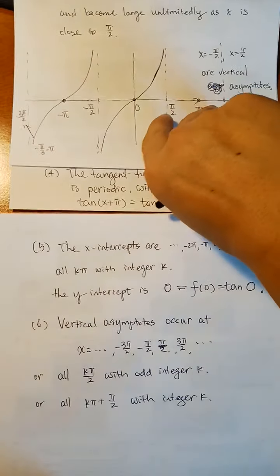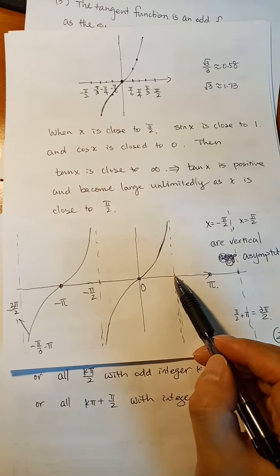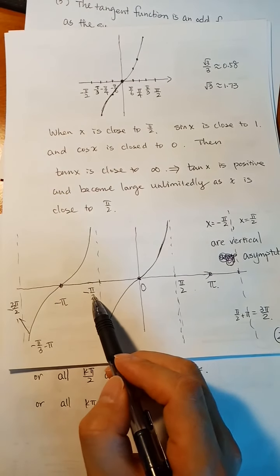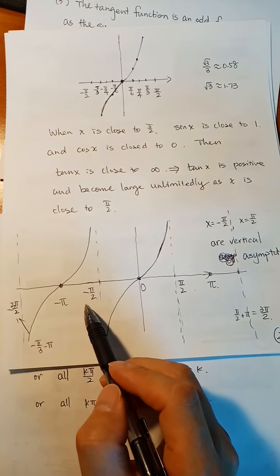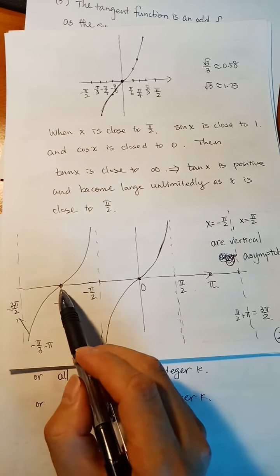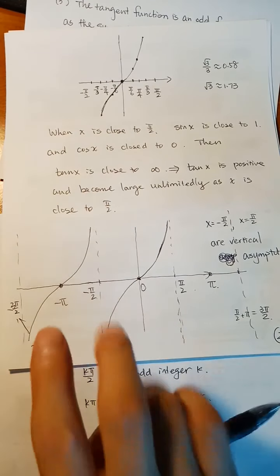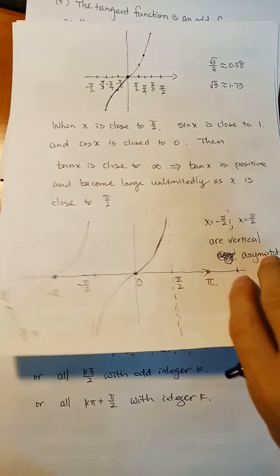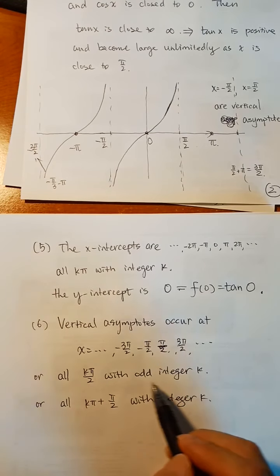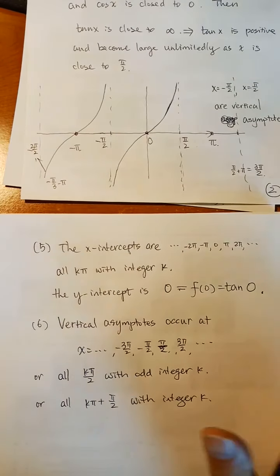You see here, how do you get pi over 2? It's 0 pi plus pi over 2. How do you get negative pi over 2? It's negative pi plus pi over 2, which is equal to negative pi over 2. So it's always a multiple of pi, and plus pi over 2 is shifted to the right. Either way, you can write it as k pi over 2 with odd integers, or k pi plus pi over 2 with whatever integer k.